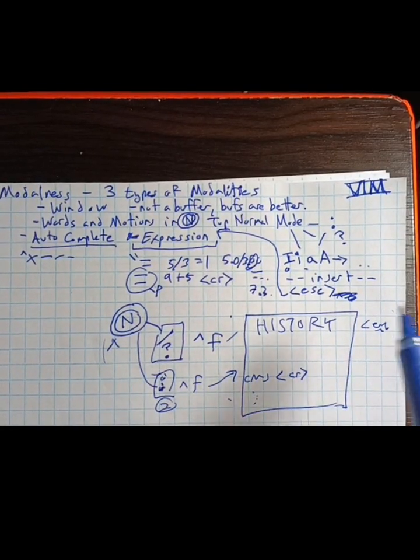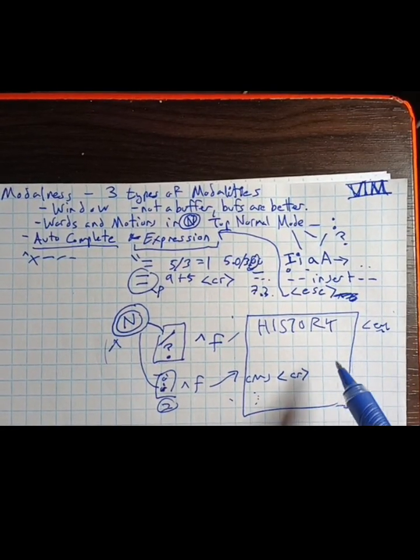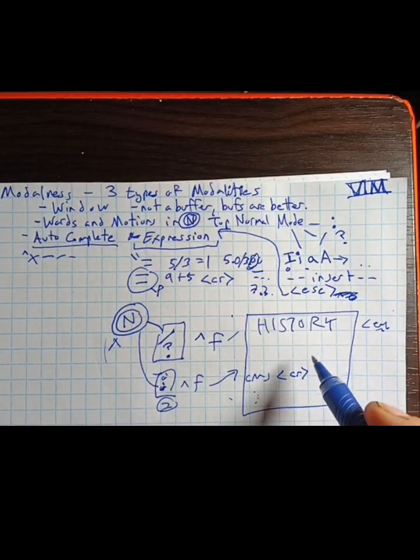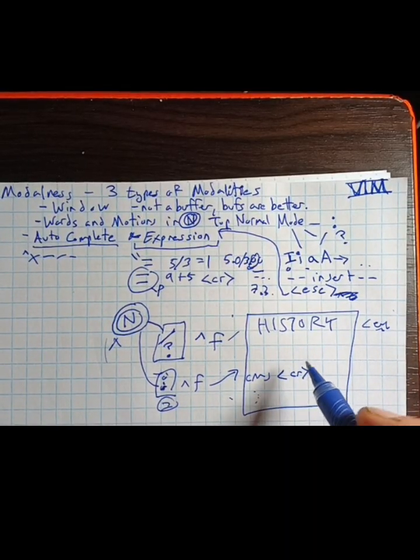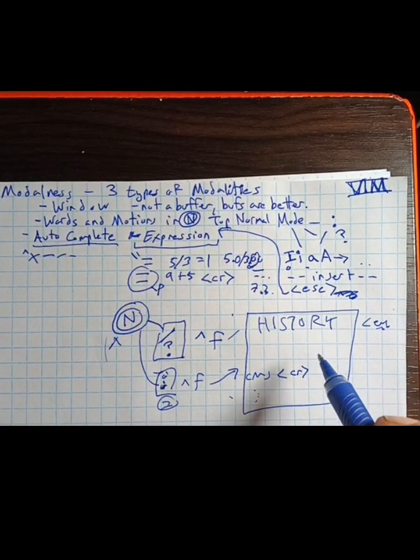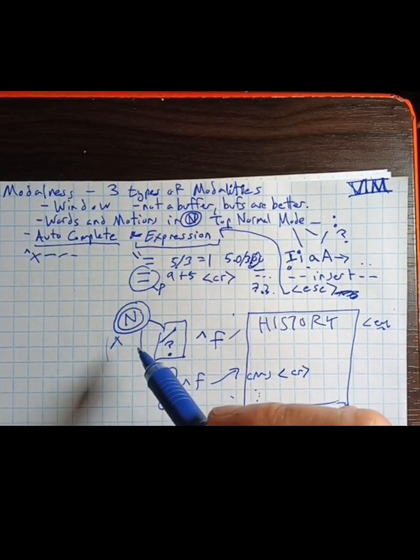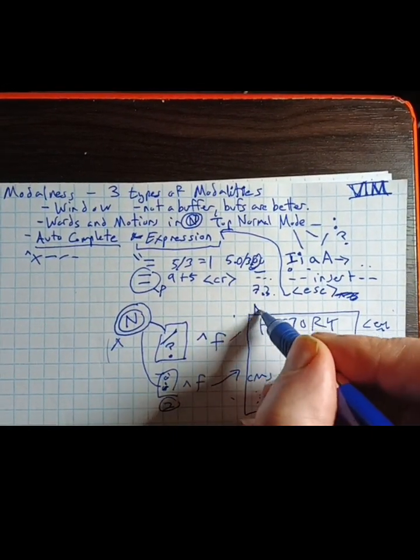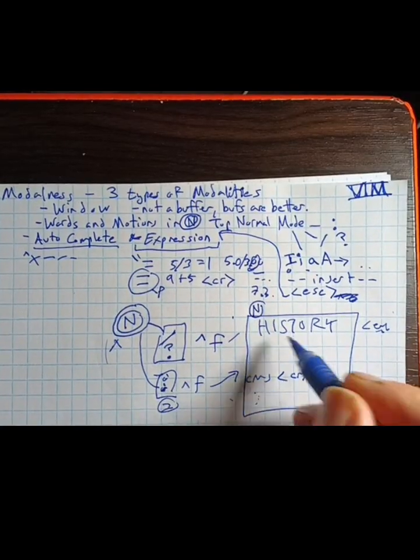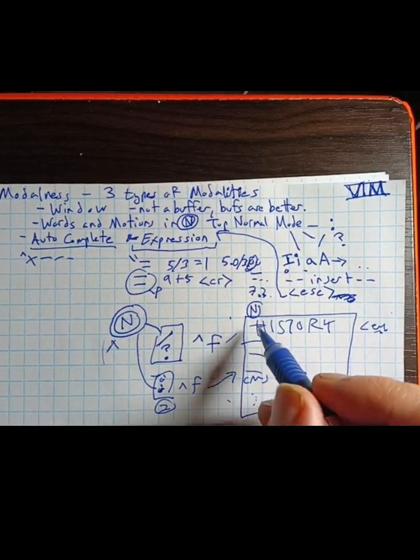You can't jump to other windows or close the buffer or anything underneath that while you've got the history of that window's commands or searches or anything open. You have to close it first, and then you're back up to your main normal mode. So you're in a normal mode here. This is a normal mode. You can control all your history list, this big long, everything you ever typed.